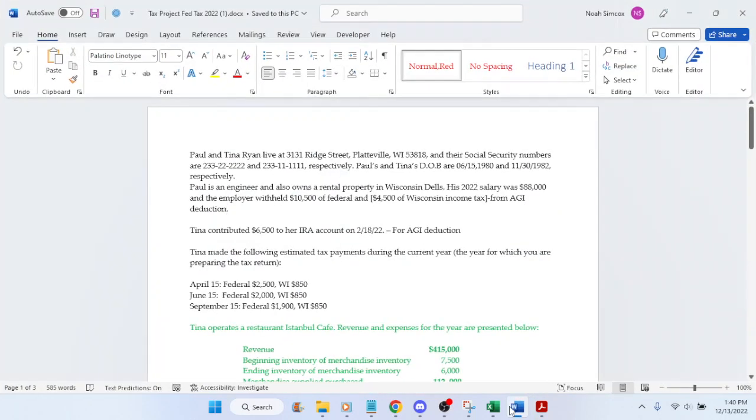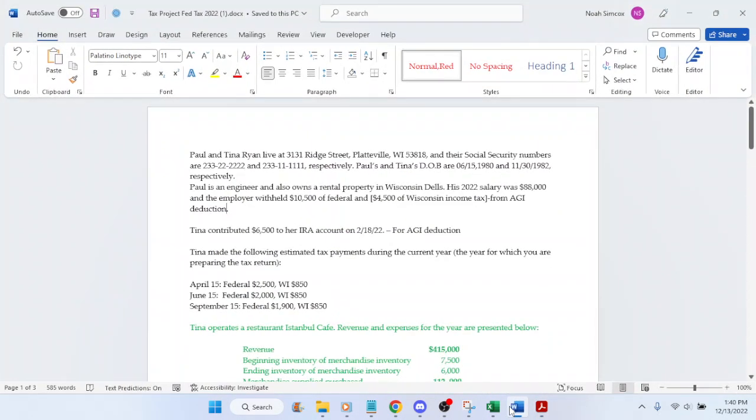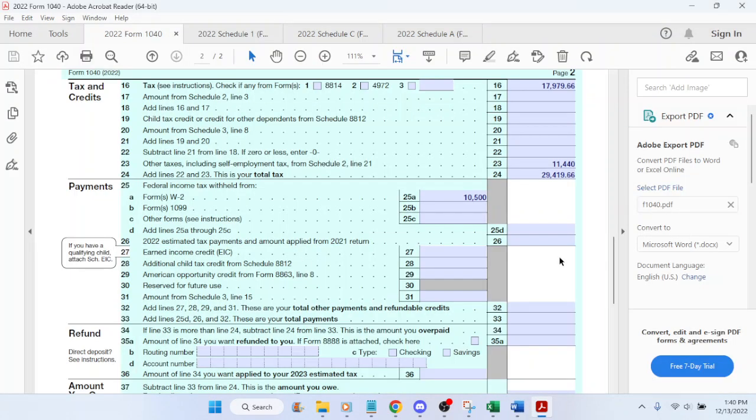And then what about the tax for the business? Estimated tax payments. So we're going to have 10,500 there. Then we're going to have estimated tax payments.